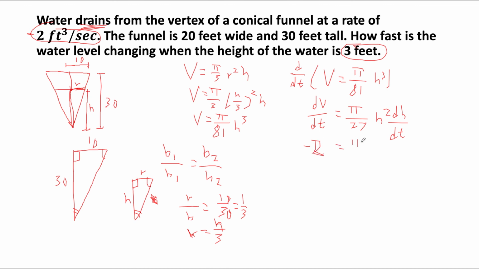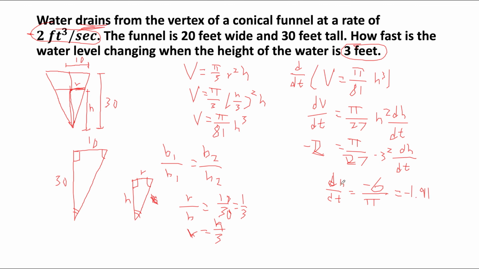So negative 2 equals pi over 27 times 3 squared dh/dt. And now if we simplify this, we get dh/dt equals negative 6 over pi, which equals negative 1.91.